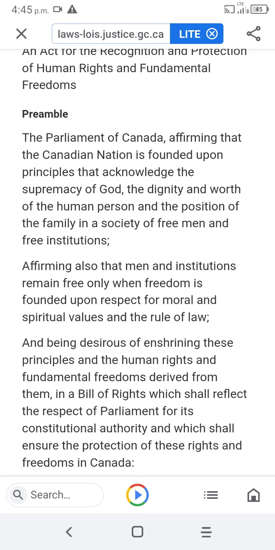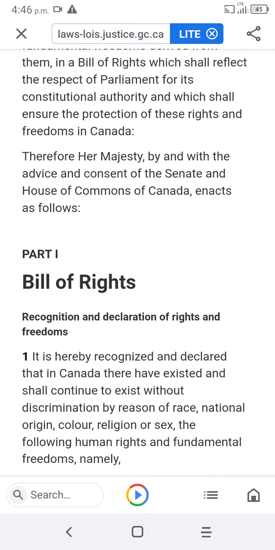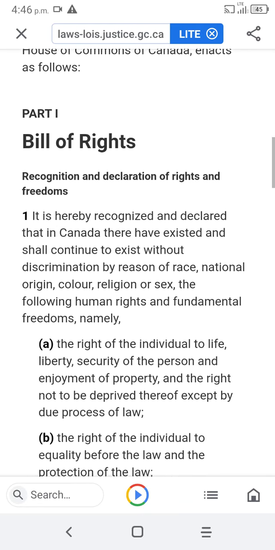Affirming also that men and institutions remain free only when freedom is founded upon respect for moral and spiritual values and the rule of law, and being desirous of enshrining these principles and the human rights and fundamental freedoms derived from them in a Bill of Rights which shall reflect the respect of Parliament for its constitutional authority and which shall ensure the protection of these rights and freedoms in Canada. Therefore, Her Majesty, by and with the advice and consent of the Senate and House of Commons of Canada, enacts as follows.